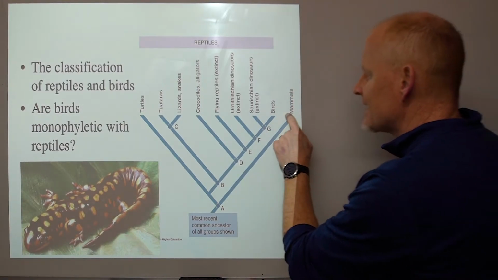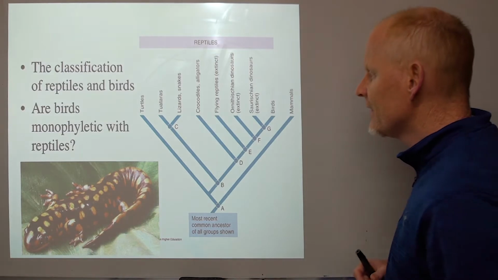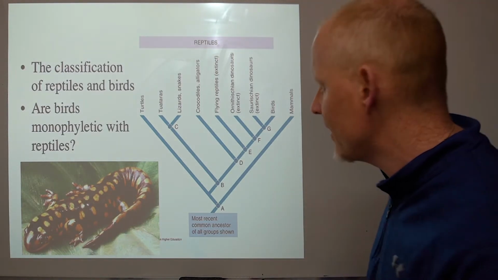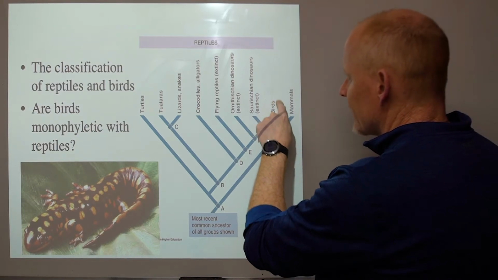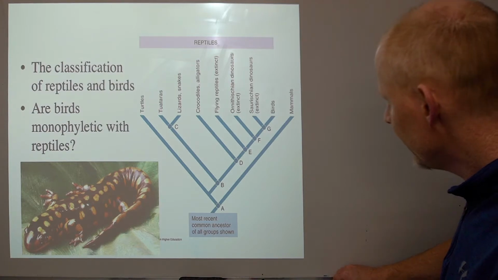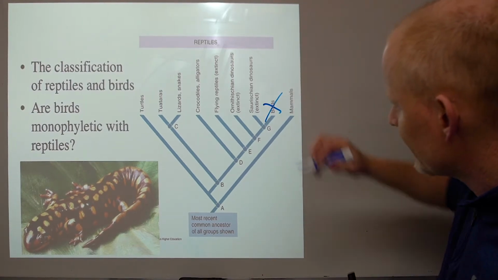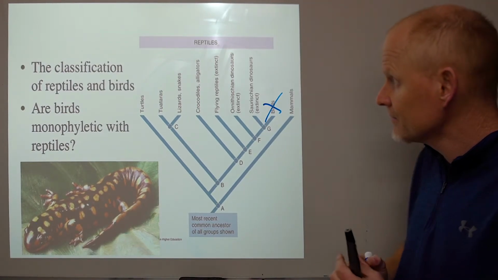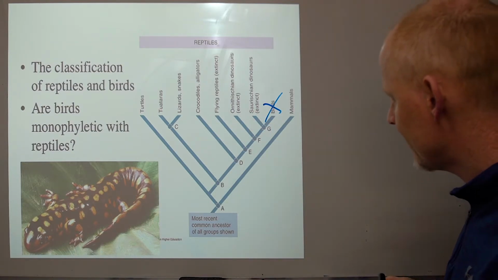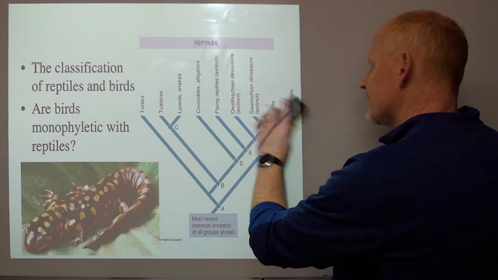But mammals look a lot different than the rest of the tetrapods here, or the amniotes, which is a better term. The amniotes include birds and all of reptiles. If you exclude birds from this monophyletic group, then it's paraphyletic. So birds are monophyletic with reptiles, at least in this scheme.